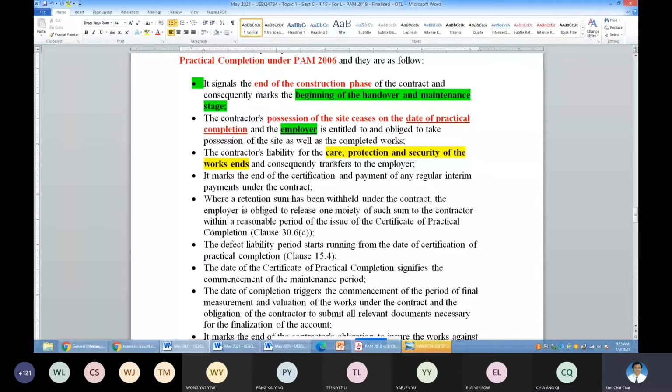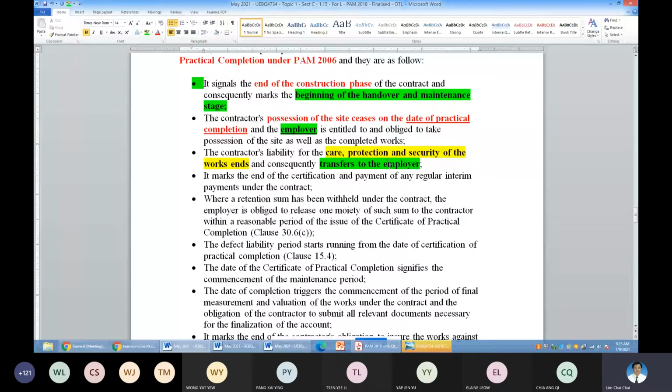If you are the consultant, you had better brief the employer that they need to take up the insurance for the completed project, and have their people man the security for the completed structure or building. No more the contractor's responsibility.